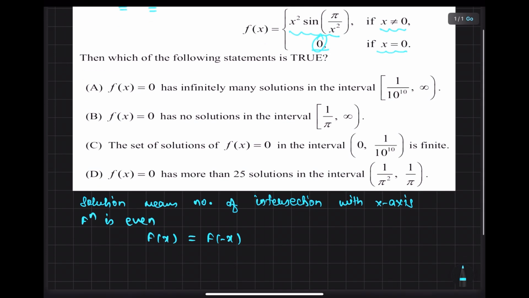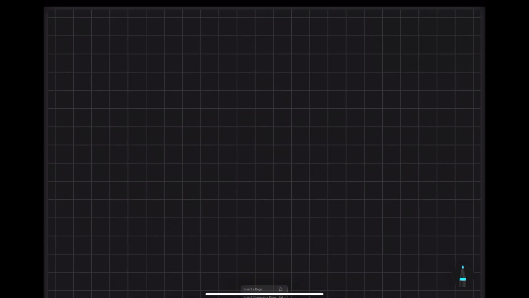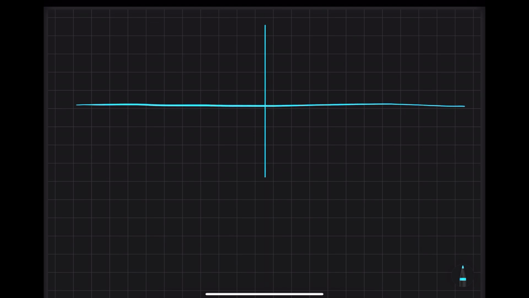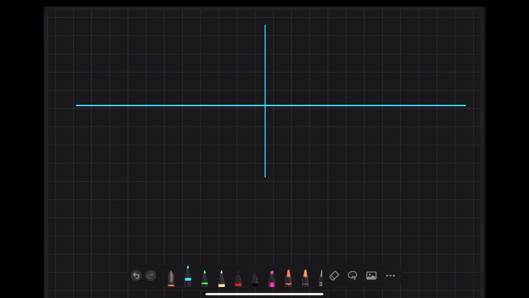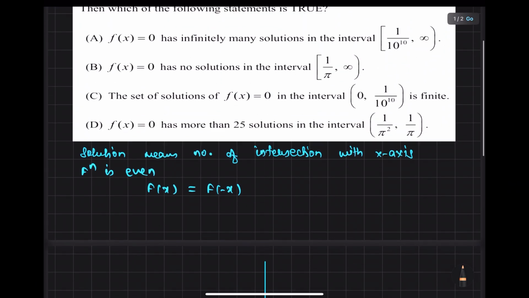Okay. So let's try to draw the graph. At 0 our function is 0 for sure. Correct?